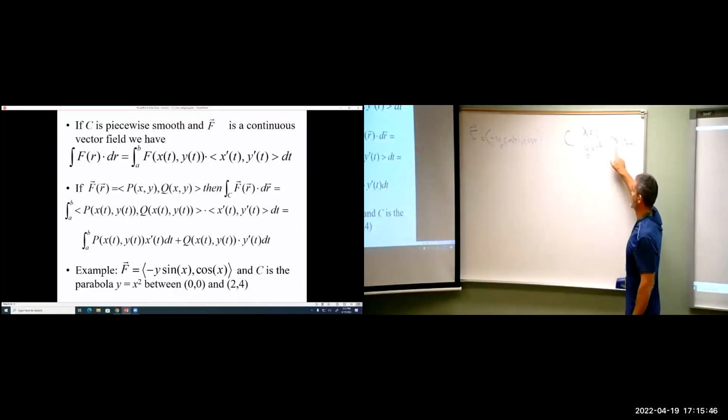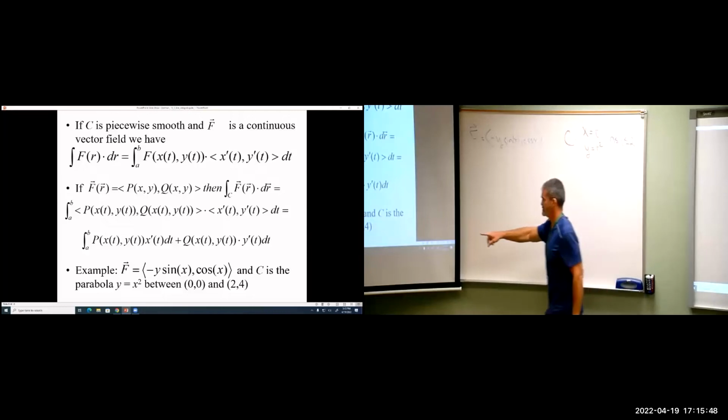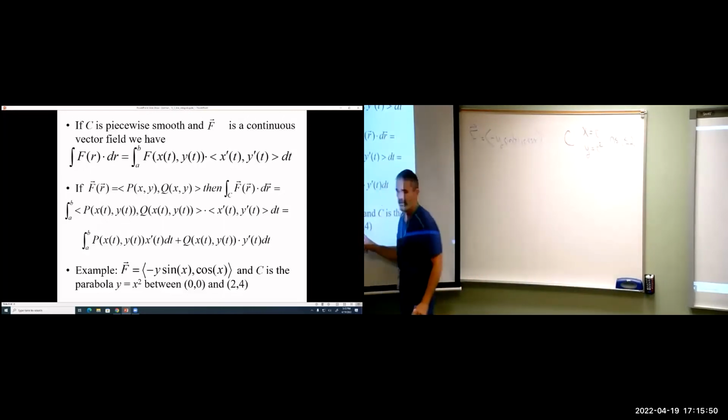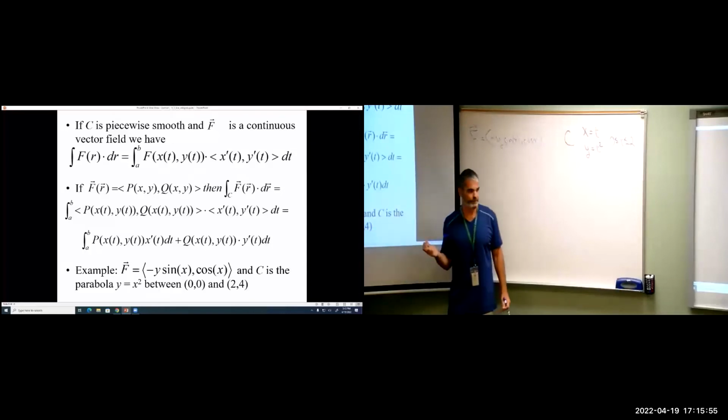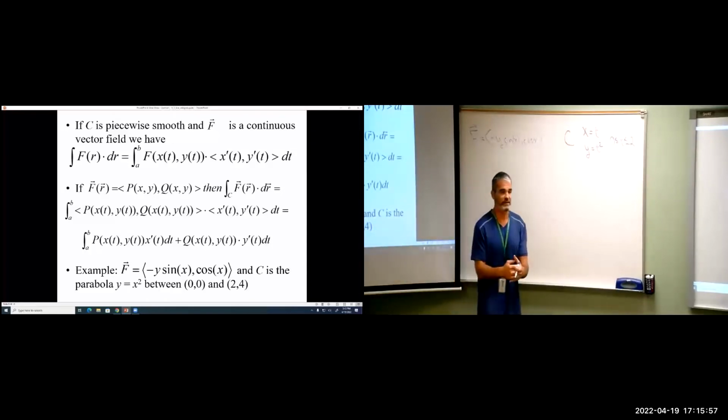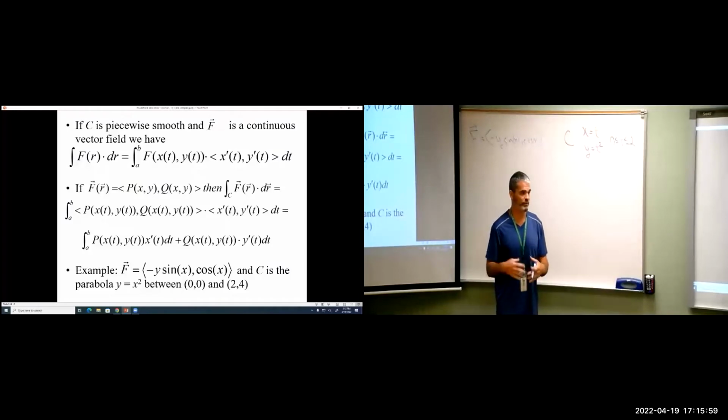We can double check this. That makes x go from 0 to 2, and because y is t squared, it's going to go from 0 to 4. So anytime you're given y as a function of x, the parameterization is very easy.